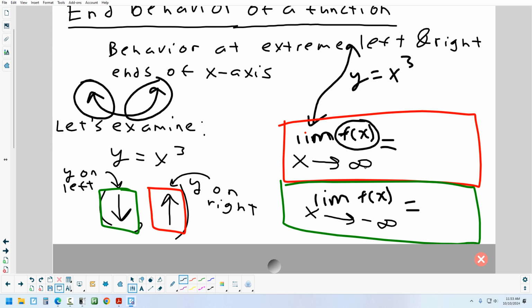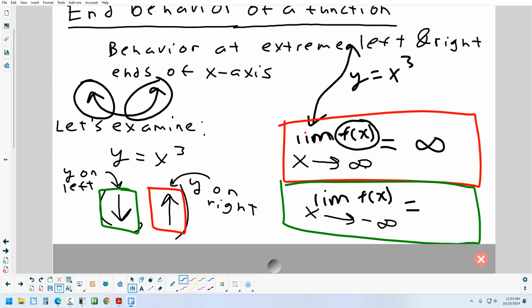So what's happening to the y value as x heads to the right? So look at this graph. As you continue to head right, it increases, it increases, and what does it increase towards? Infinity. That red box is how you describe the arrow with the red box.